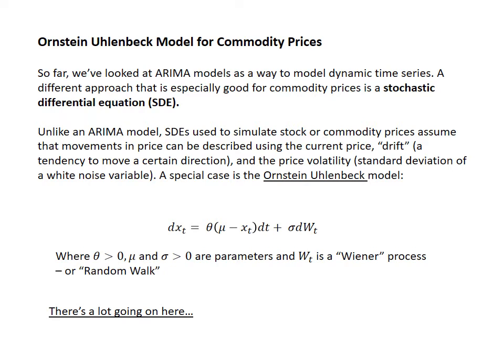But then we also have inherent in here a really important feature, which is mean reversion, which means that as prices bounce around, the further they get away from what we assume to be the natural equilibrium mean, the more likely they are to return to it. And so that's a unique feature of this model that's worth exploring.